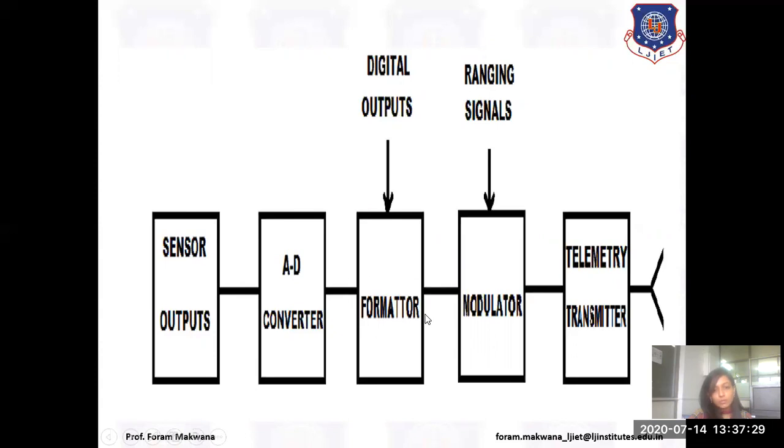Then we format it again. As we need to transmit it over a longer distance, we have to use the modulator. And the last portion is the telemetry transmitter, which transmits our signal through the telemetry antenna.